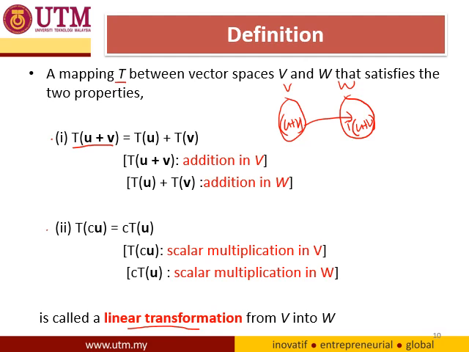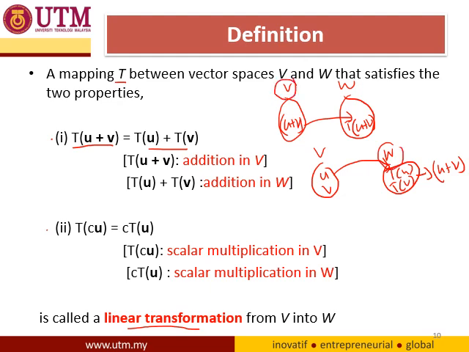For this one, let's say the same thing, you have V and W. You have your U and V. You bring them here first, T(U), T(V), then U plus V. This one happens on W. This one happens in V. So the transformation of U plus V, then we get into W.